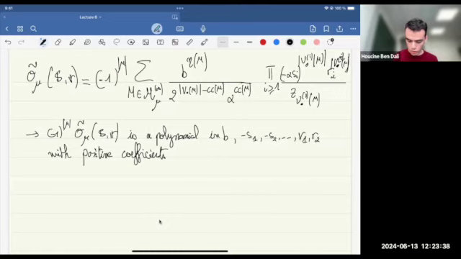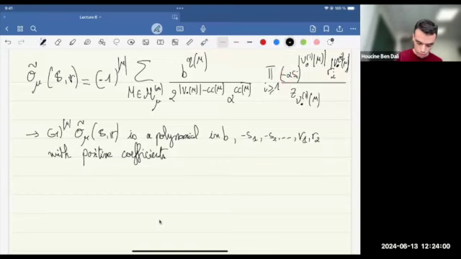So it's clear that this is polynomial in B, polynomial in the si's and the ri's, except that it's not a polynomial in B a priori because we have this alpha in the denominator. But what happens is that the alpha in the denominator is compensated by the alpha in the numerator.